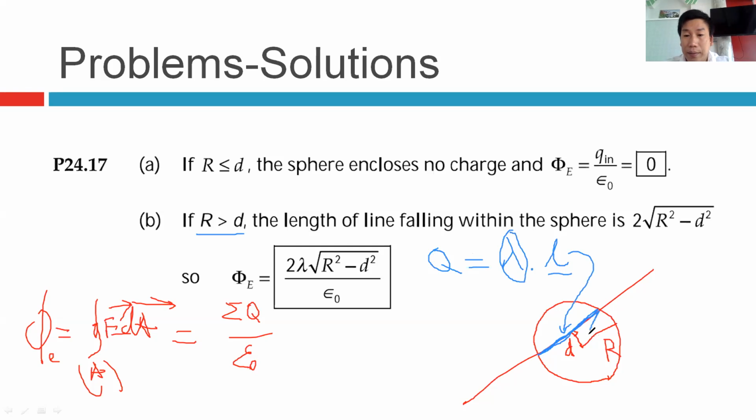If you look at here, we have R and D, so it's very easy to calculate L. You have L divided by 2 equal to the square root of R squared minus D squared.